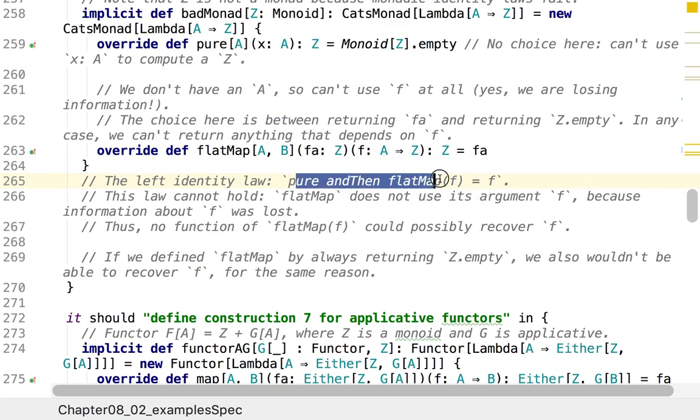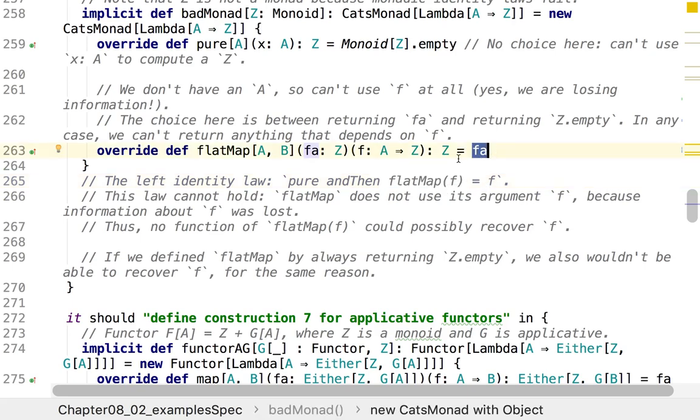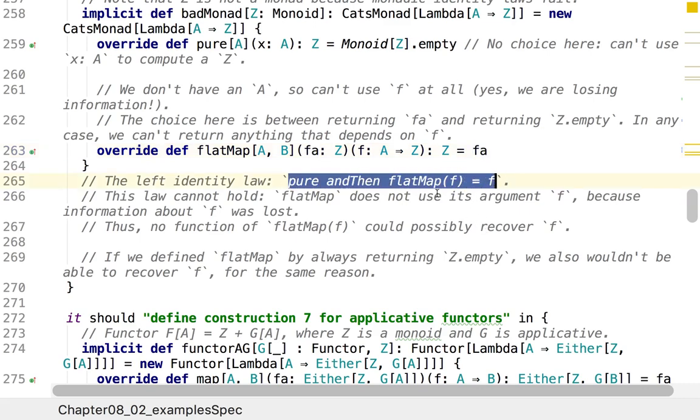Whatever you compute here, however you define pure, you cannot possibly recover f from a function that ignores its argument f. And so this law could not possibly hold. And it could not hold however you define this. You could define it in this way, or you could define it as z dot empty, but still you could not recover f, and this law would not hold.